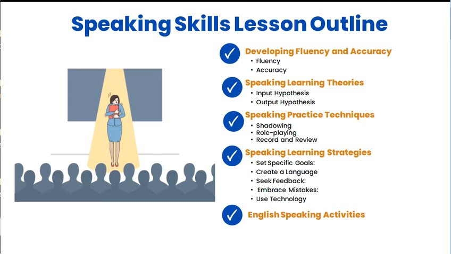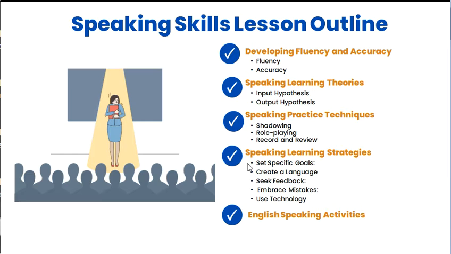So let's introduce the speaking skills lesson outline. Throughout the course, we will be covering the following topics. Number 1, developing fluency and accuracy, and we'll try to see what fluency and accuracy are in the context of speaking. And we will see speaking learning theories. We have two major theories, input hypothesis and output hypothesis, and speaking practice techniques, including shadowing, role-playing, and record-reading.